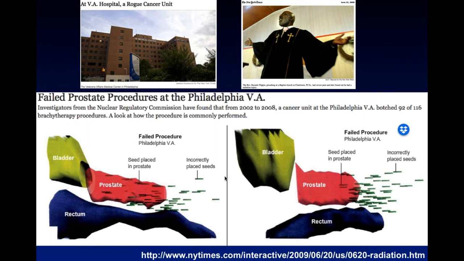And what you can see here is two of the procedures in which patients not only failed but had major complications. And one patient had their penile bulb implanted inappropriately. And then you can see right here all these incorrect placements of seeds in these particular cases. And the congressional oversight started to investigate this and found that the poor quality resulted in major complications and poor outcomes in these patients.